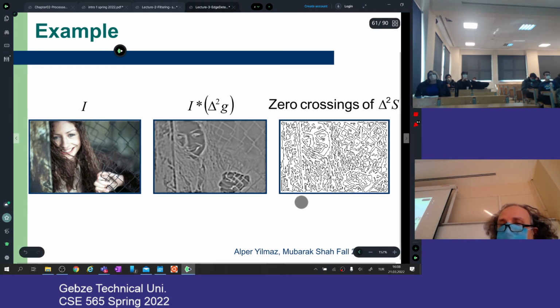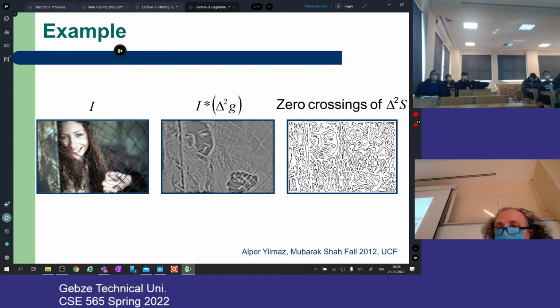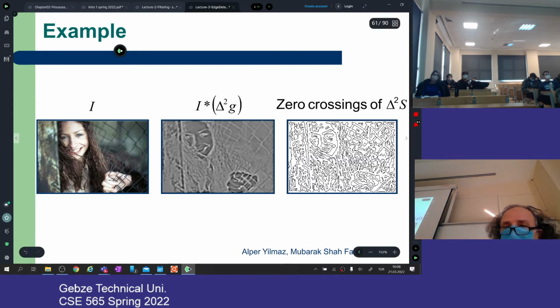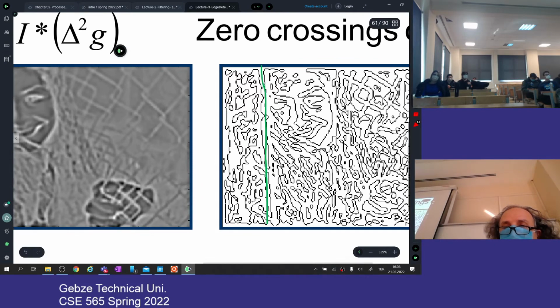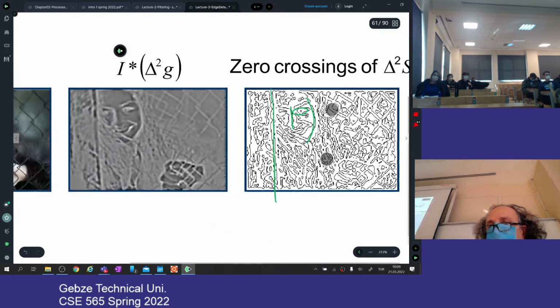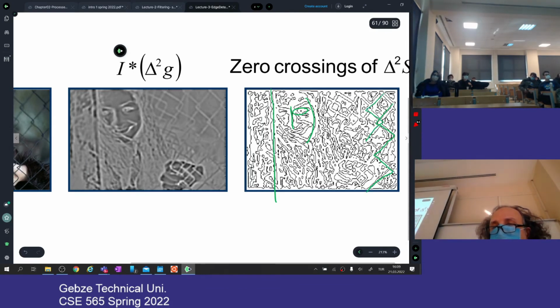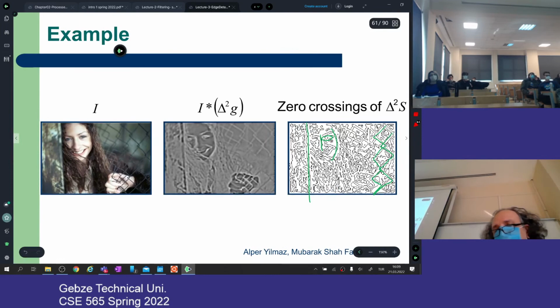You get lots of edges, and most of them are the places that we wanted, especially around the edges, and I get this nice vertical one, and some from the shape of the face and the nose, remember those, and these are the shapes of the fence and so on. But lots of false positives too. We have to find a way of dealing with them too.